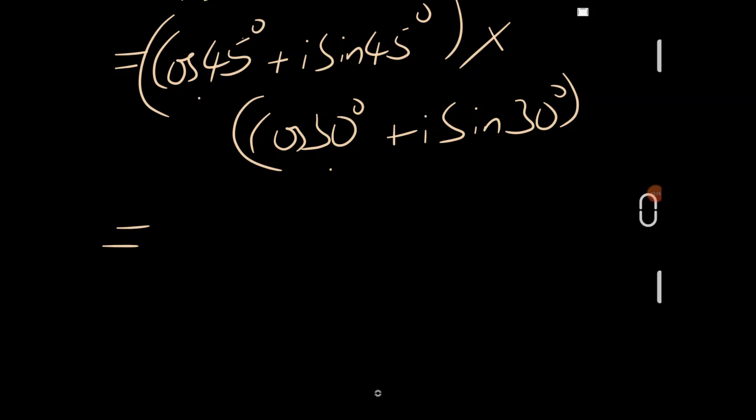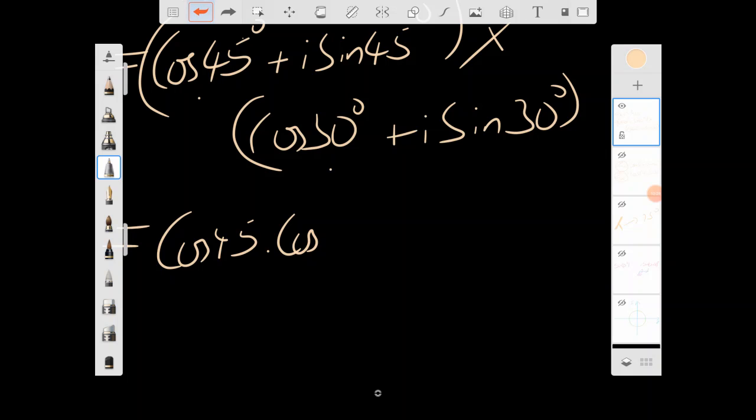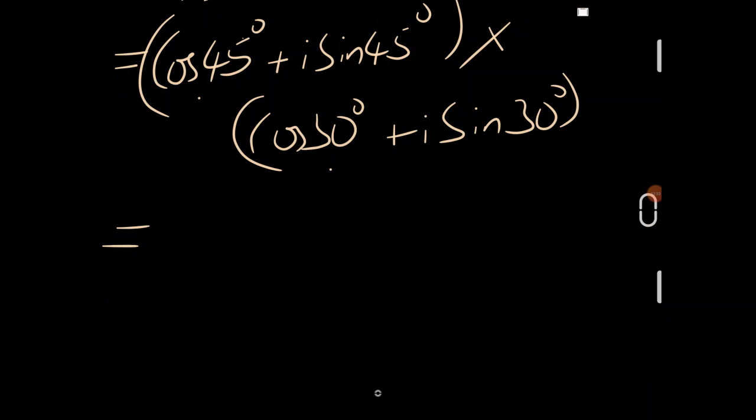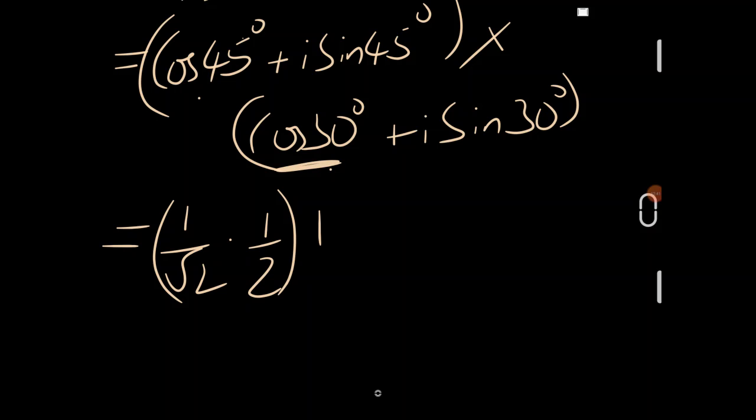cos 45 into cos 30. I will write it directly for you to understand. Cos 45 is 1 by root 2 into cos 30 degrees, which is root 3 by 2, plus cos 45 into i sin 30.